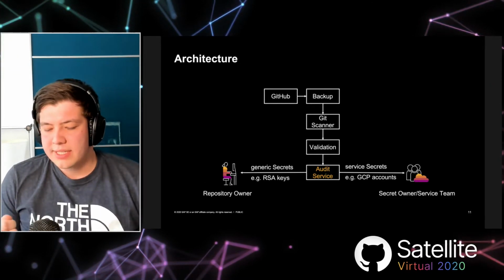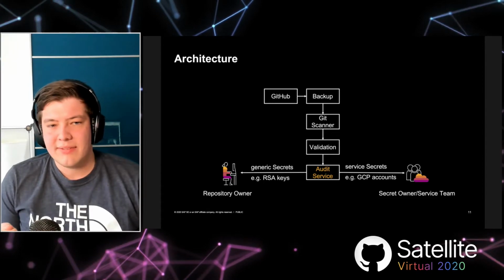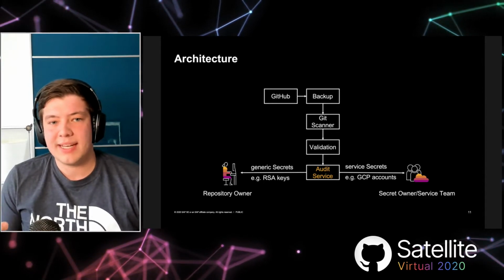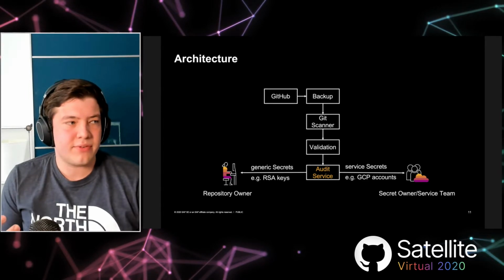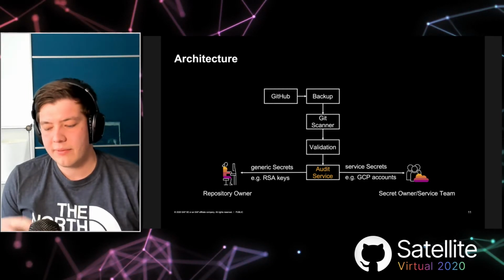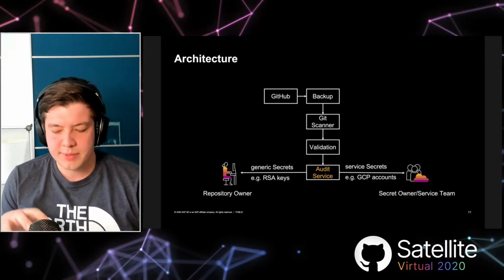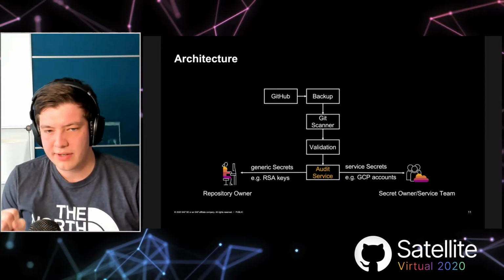Even with token scanning, which GitHub announced earlier today, we think that it can replace some of the parts of the scanner, and then we can focus more on the specific things like the audit service.